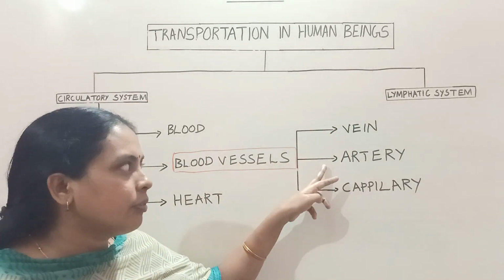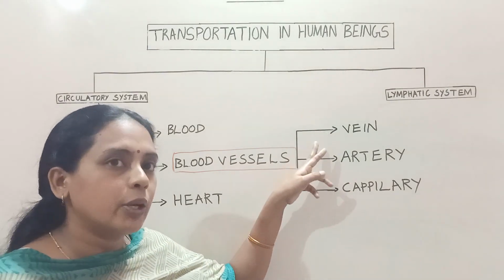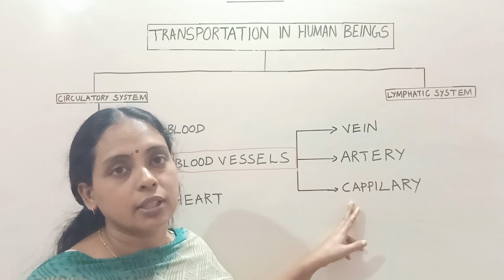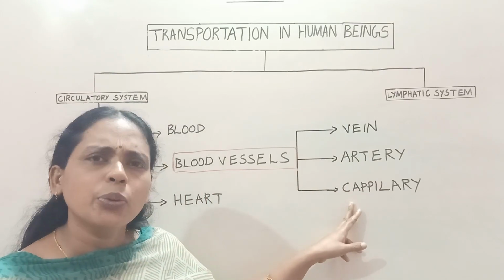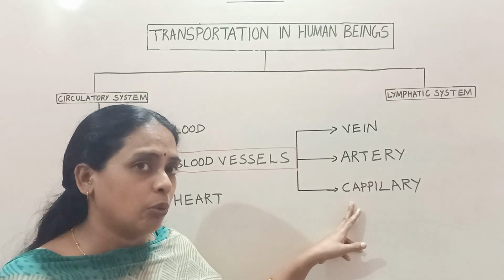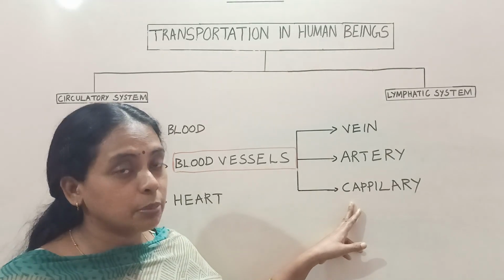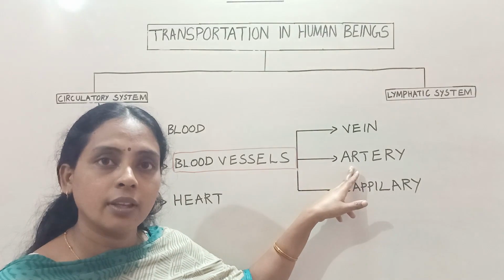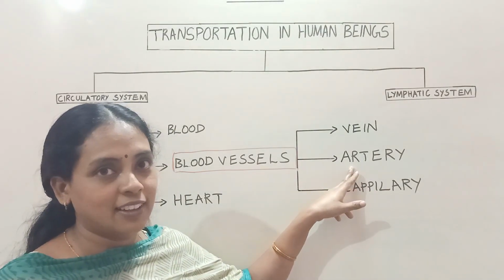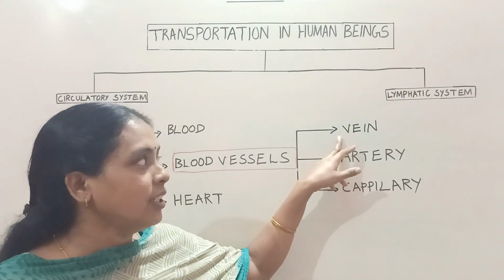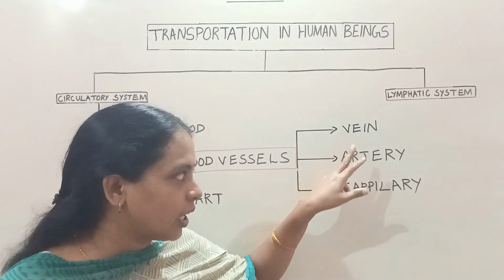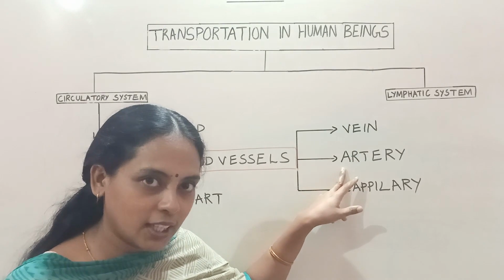We have seen the functions of these blood vessels: vein, artery and capillary. Are you able to tell me now the differences between vein and artery? Of course, yes. Vein carries deoxygenated blood, whereas artery carries oxygenated blood.